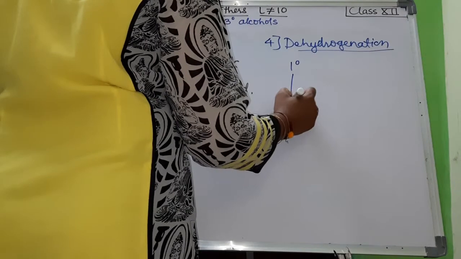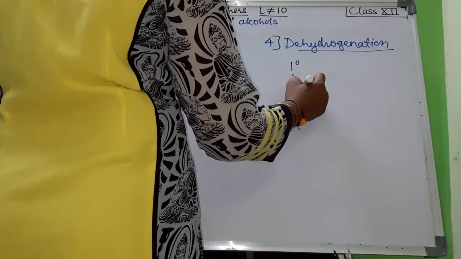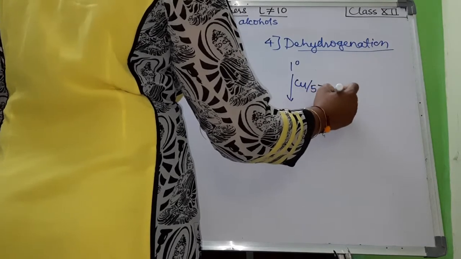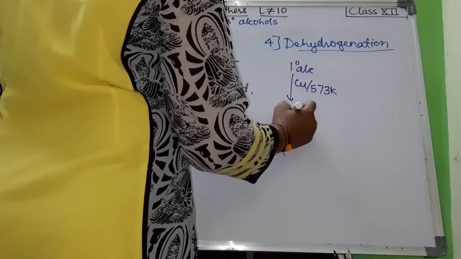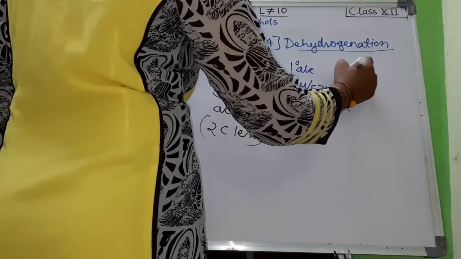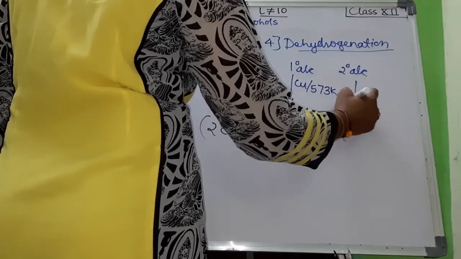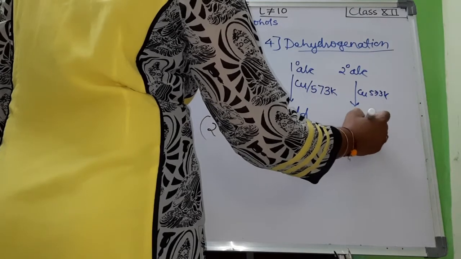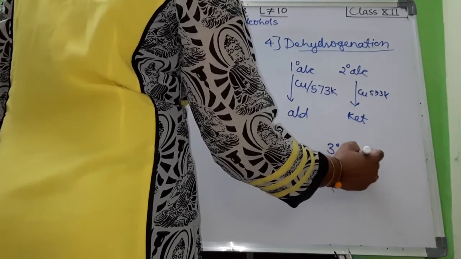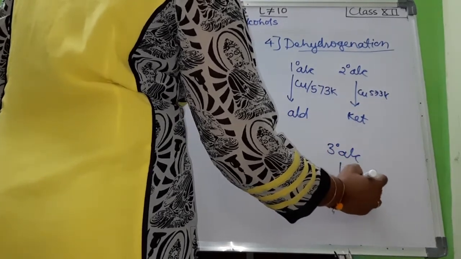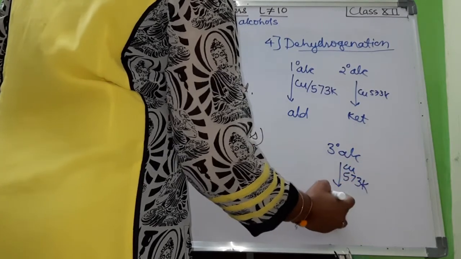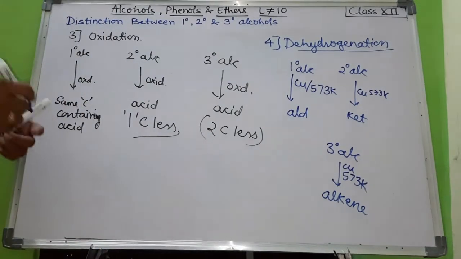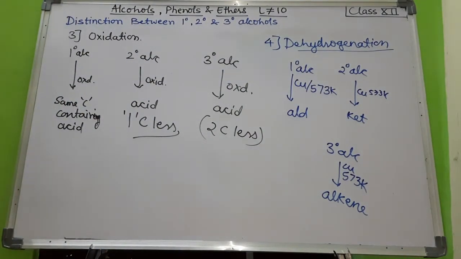When primary alcohols are dehydrogenated by using a dehydrogenating agent, that is copper at 573 Kelvin, it gives aldehydes. When secondary alcohols are treated with copper at 573 Kelvin, it gives ketones. And when tertiary alcohols are treated with copper at 573 Kelvin, it gives alkenes. So in this way we can distinguish between primary, secondary and tertiary alcohol.